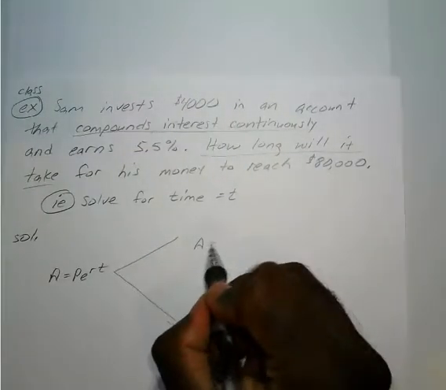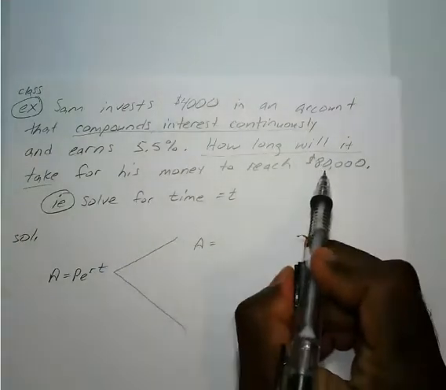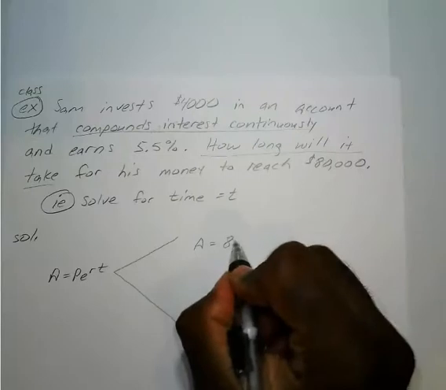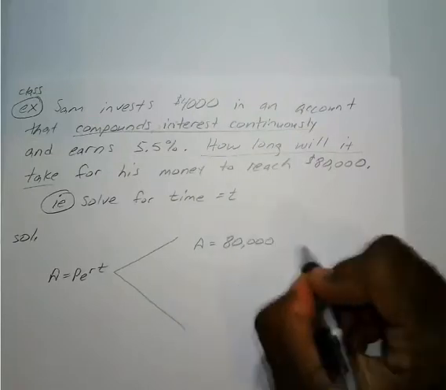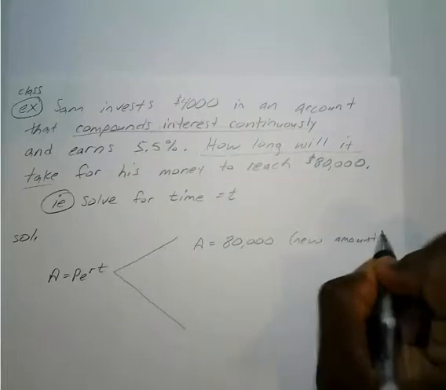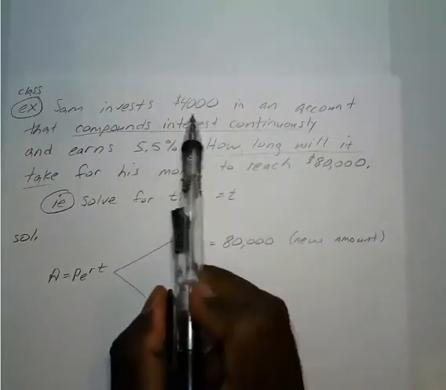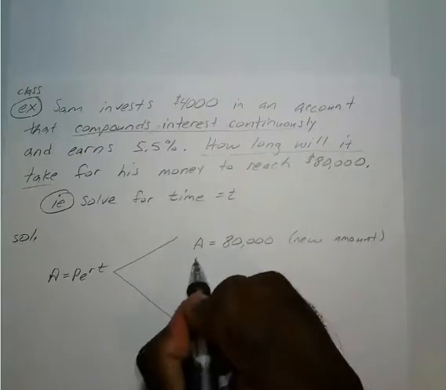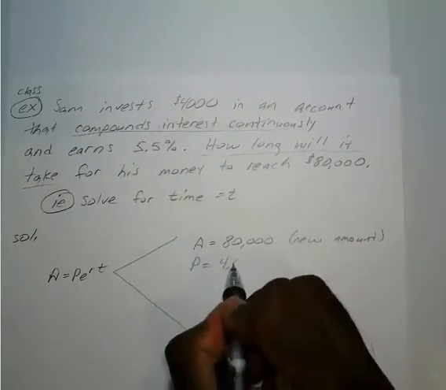So we know our new amount is $80,000. Now our starting amount, remember he invested $4,000, that was the starting amount. So your principal is $4,000.